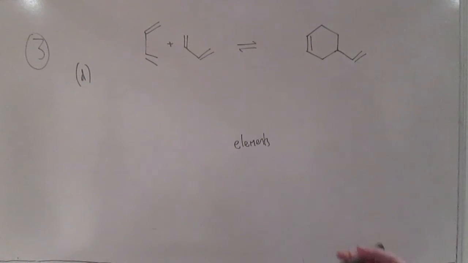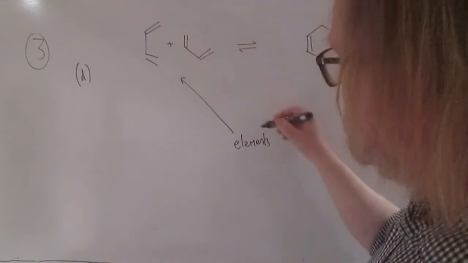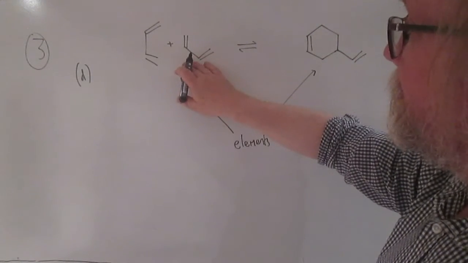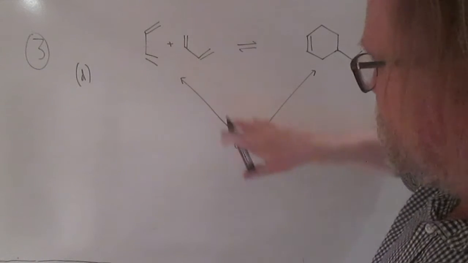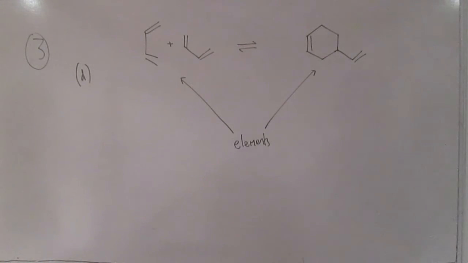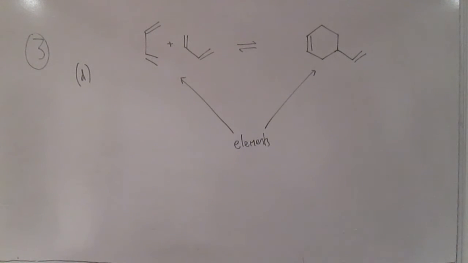So we're going to have a cycle that's based on this, which is the formation of these 2 molecules of butadiene from the elements, and this, which is the formation of the addition product from the elements, and then this, which is the overall reaction.